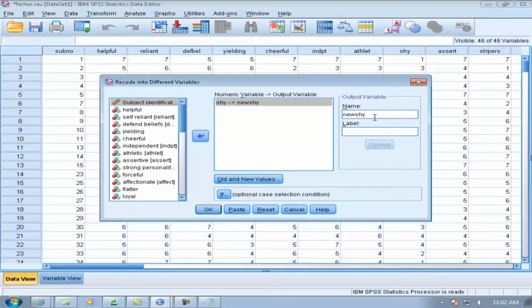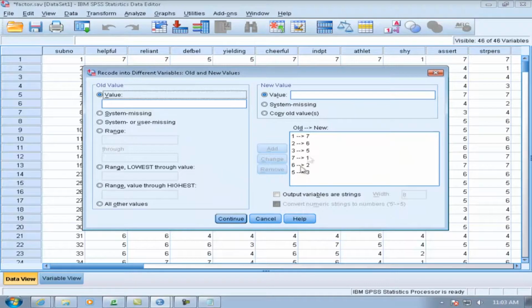You're going to have to add on new shy corrected. We're going to have to change it some way. New shy correct, okay? Now let me get all these out of here.